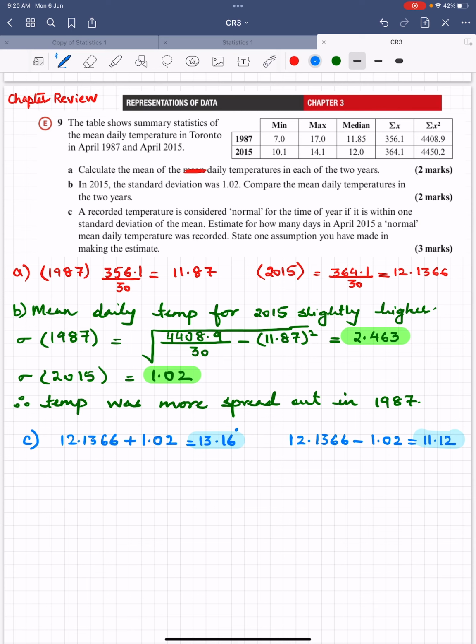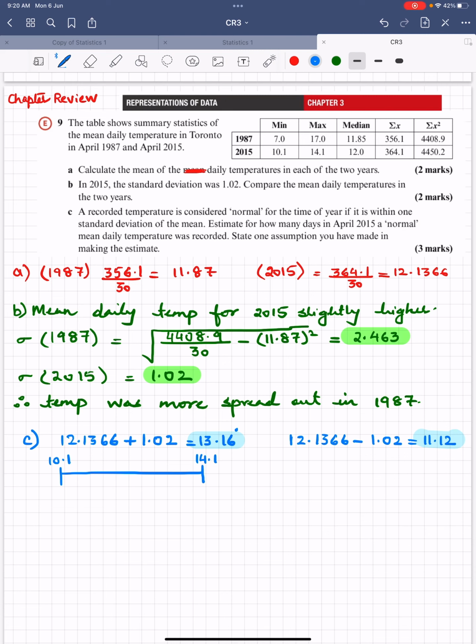So let us do interpolation to find out which day does this correspond to. So we have 13.16. The minimum and the maximum temperature that we have for the year is 10.1 and 14.1, which is going to be our end point of class interval. So we put here 10.1 and 14.1.